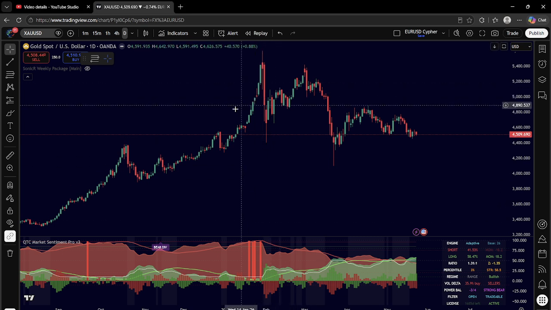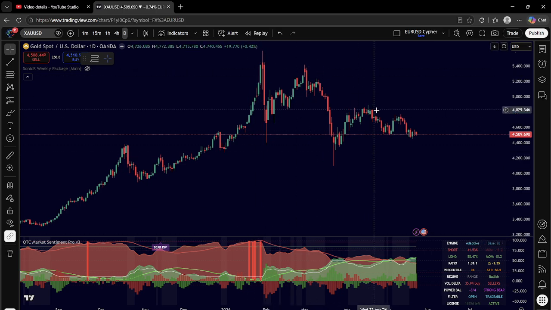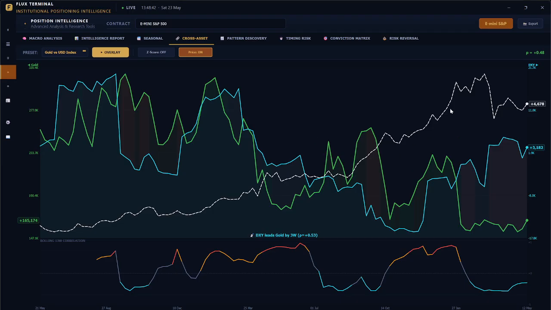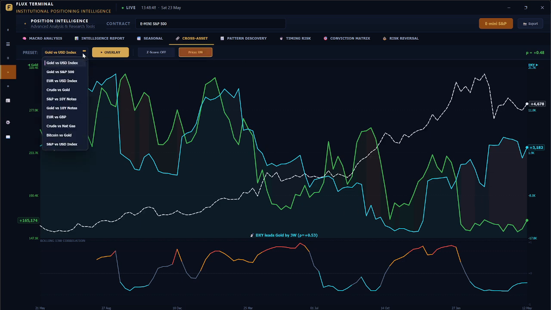So from here, this is where the dollar assets get stronger than gold, and then where we have the maximum level of retail traders, and then gold reversed back or dropped from here. So you can toggle on and toggle off the price.